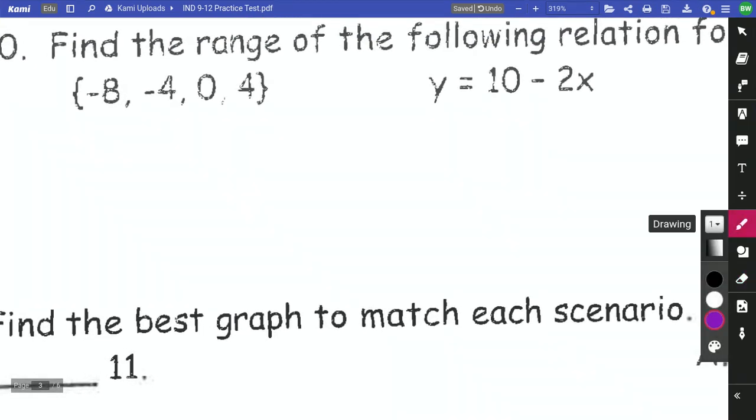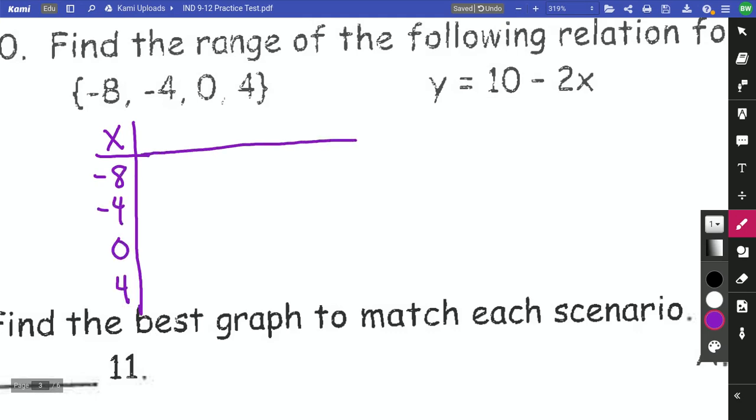Okay. So -8, -4, 0, and 4 are the x values, and we have a rule: y equals 10 minus 2x. This is the easier kind of problem because they give us the rule.